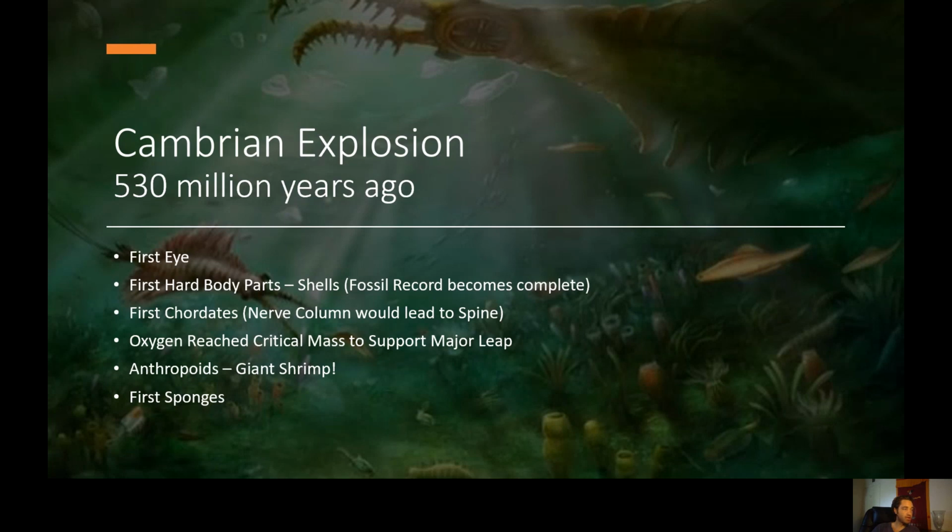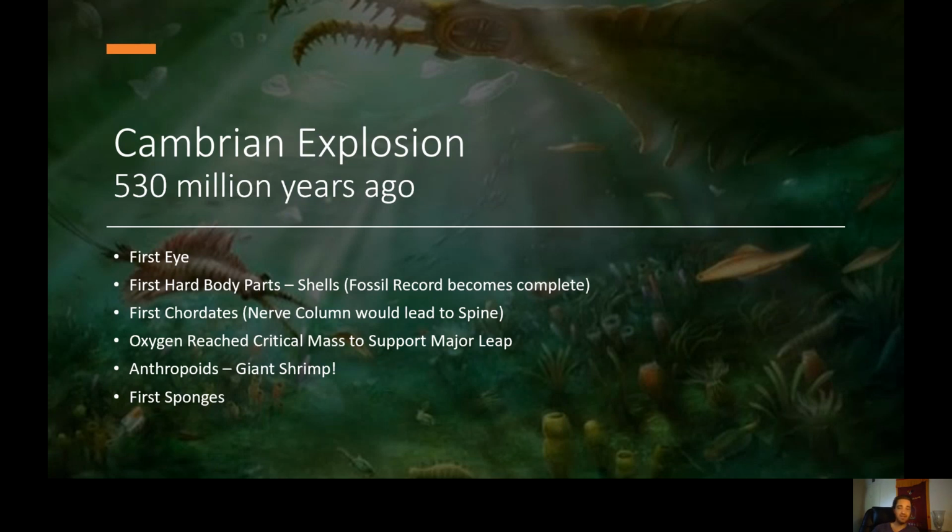Also, we see the first chordates, which is the beginning of the nerve column. This is what will eventually give rise to the vertebrates. All of us descend from chordates. So we're going to talk about that a little bit more in a second as well. Arthropods, giant shrimp, which you see in this picture, and the rise of the first sponges.